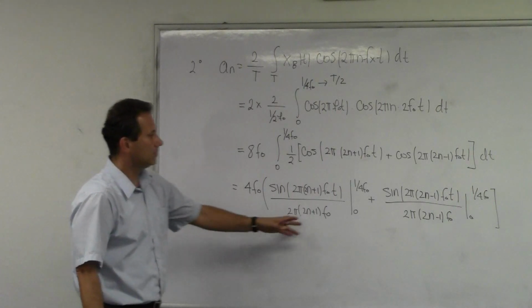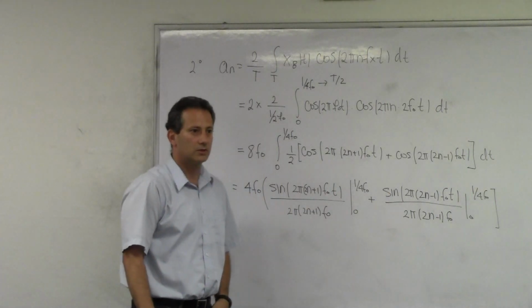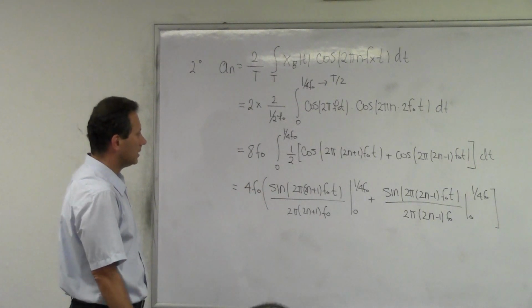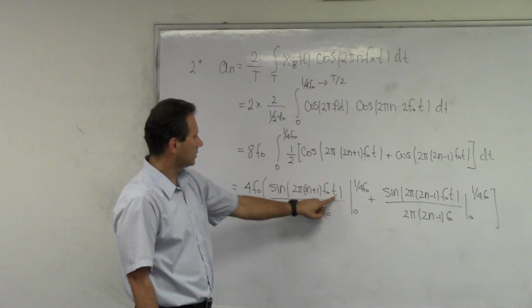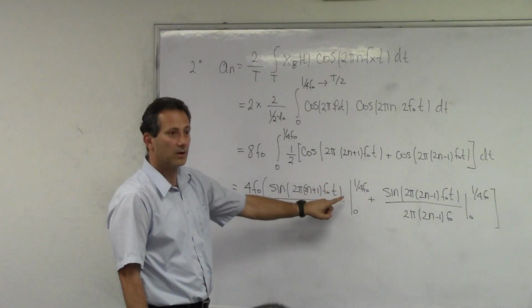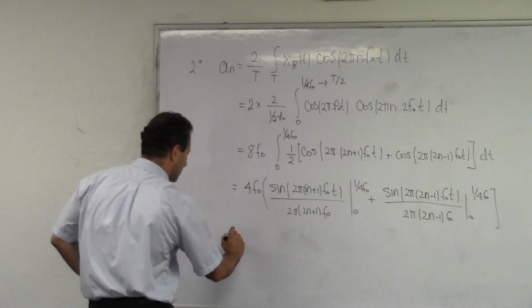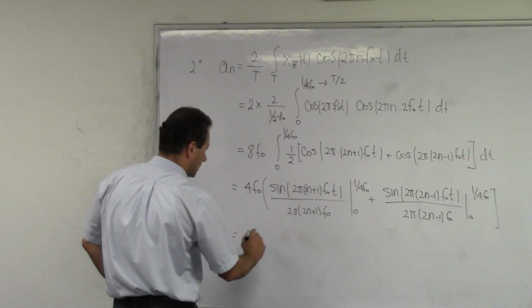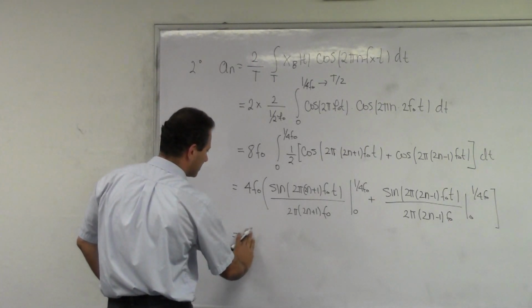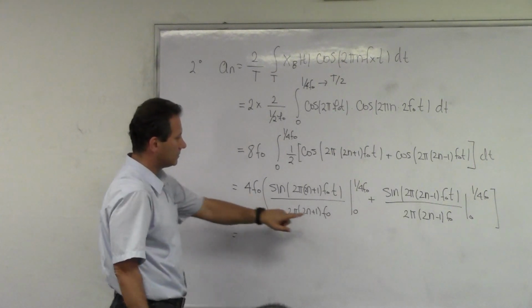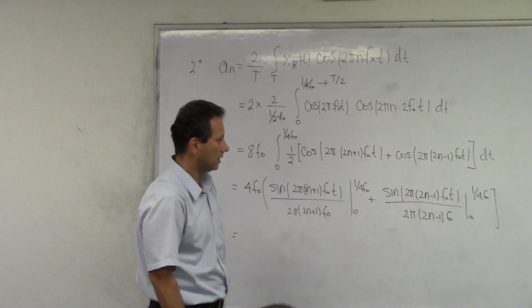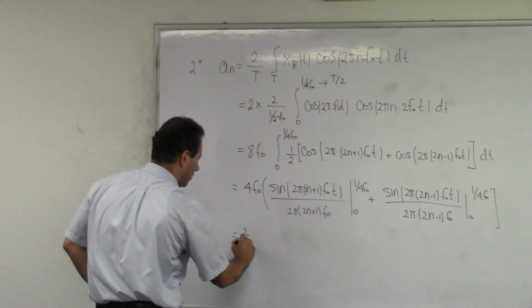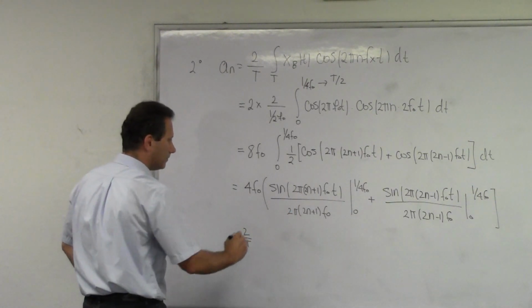So now when you substitute zeros, both of these go to 0, so let's just worry about the upper one. When I substitute 1 over 4 f0 here, you can see that f0 and f0 cancel. 2 pi over 4 is pi over 2. All right, so this becomes 4. I can actually simplify this a little bit. f0 and f0 cancel everywhere. And then this 4 and 2 cancel. So I have 2 over pi as a common factor.